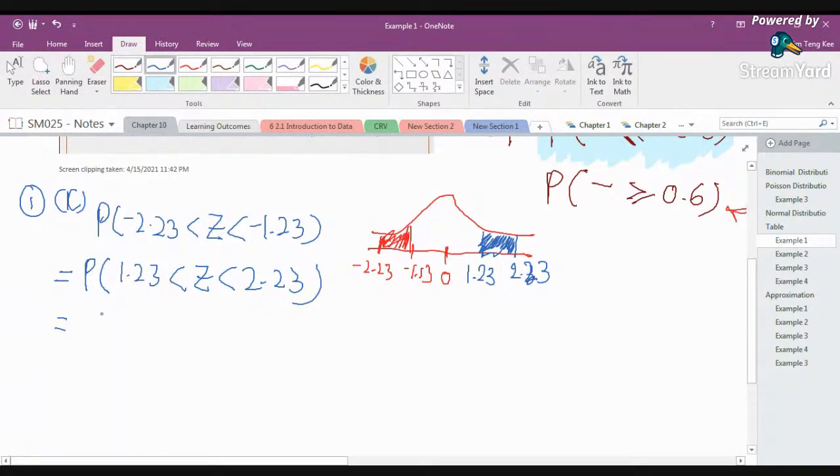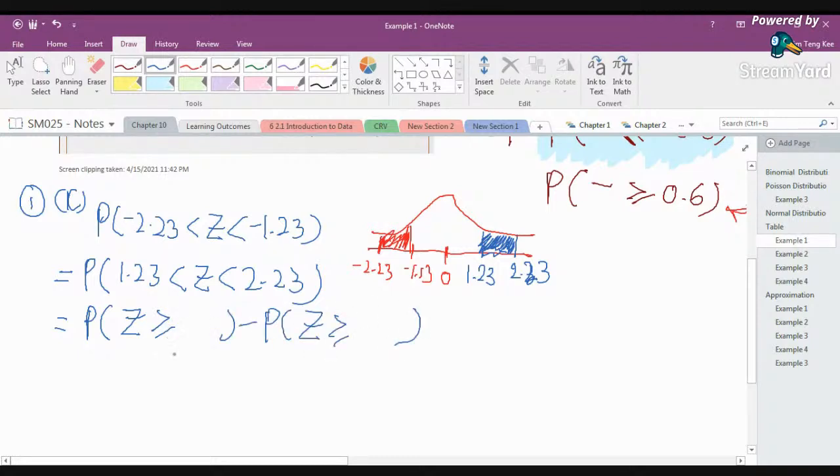As a result, the region in blue now happens to be on the right. In order to calculate this region, we need to consider the calculation of Z greater minus Z greater.